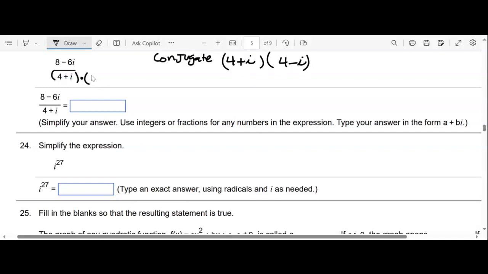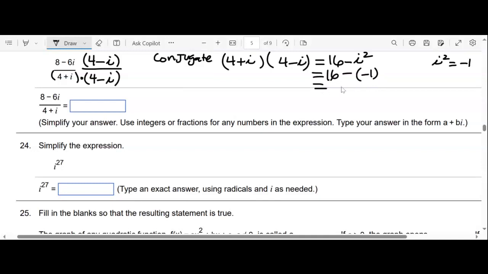It's the opposite. So you have to multiply by 4 minus i. What you multiply in the bottom, you multiply in the top. If you multiply this times this, what are you going to get? 16 minus i squared. How much is i squared? Minus 1. So this is 16 plus 1, which gives you 17. So the bottom here is 17. What about the top?